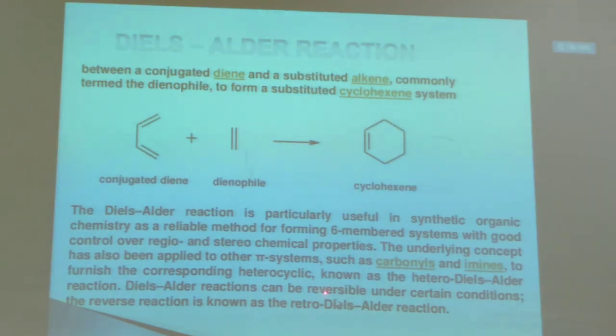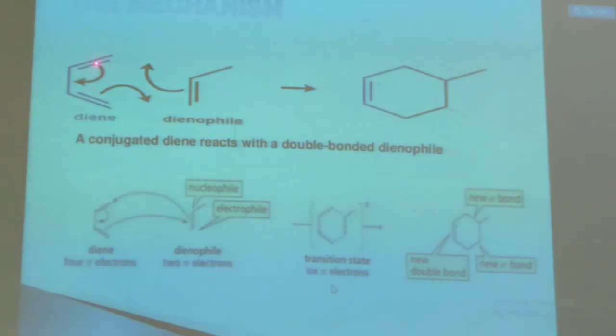Diels-Alder reaction can be reversible under certain conditions. The reverse reaction is known as retro-Diels-Alder reaction. The pi electrons of 1,3-butadiene will move inward, and another pi electron pair of 1,3-butadiene will move towards the terminal carbon, which becomes electron rich, and the other becomes electron deficient.